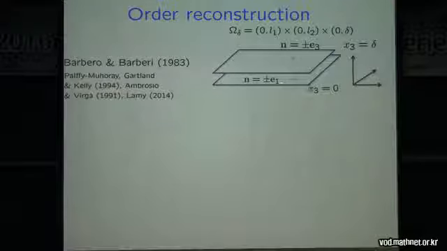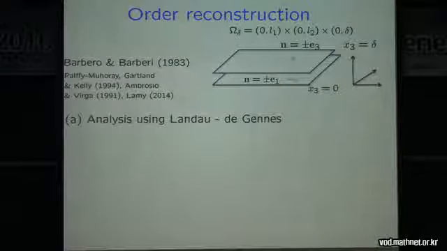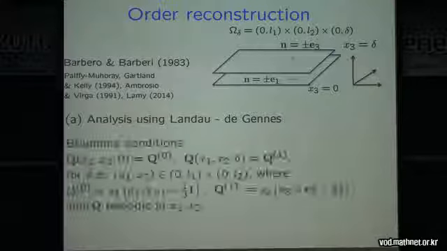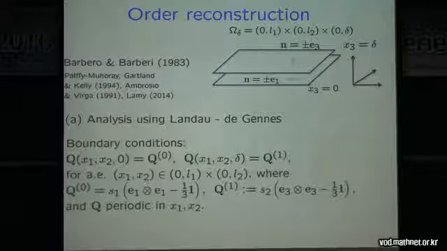They're parallel plates, but they're a very small distance apart, delta. And you impose antagonistic boundary conditions on the two plates. So at the bottom, the n has got to be in the x1 direction, and on the top in the E3 direction, x3 direction. So you can analyze this using Landau-de Gennes.